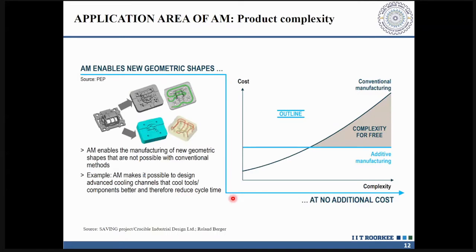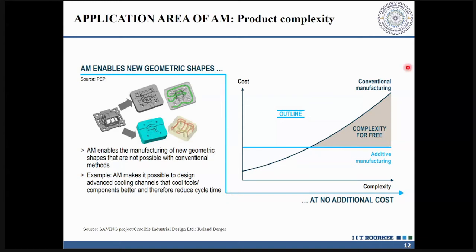The other area is related to product complexity. Nowadays, people are working on fluidic channels, on very capillary motion, creating them on very small surfaces. When you talk about complexity, for conventional manufacturing the cost increases in an exponential manner.